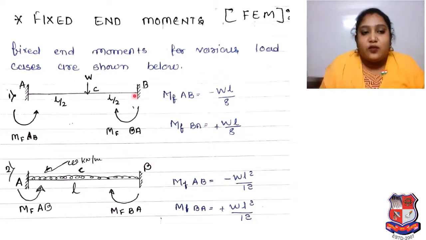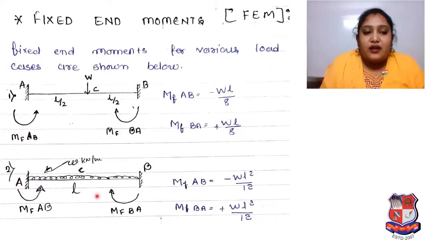So here fixed beam, central point load, L by 2, L by 2 distance because it's a central point load, so we can say it's a span L. Here moment is produced, MFAB, MFBA. So we know that anti-clockwise will be negative, clockwise moment will be positive. So MFAB will be, as per that, minus WL by 8. And fixed end moment at BA is equal to positive WL by 8.